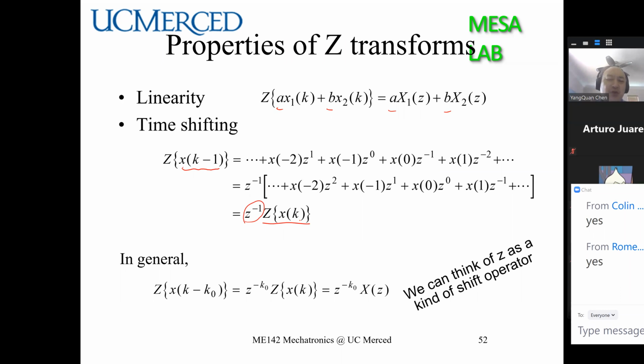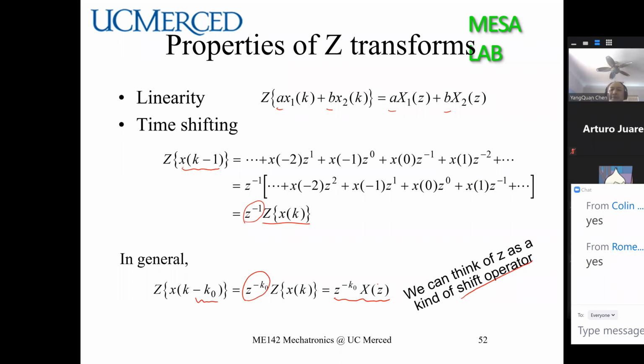This can be derived via the definition, either two-sided or one-sided. In general, if you have K minus K0 here, you have this. Sometimes people call Z a shift operator.